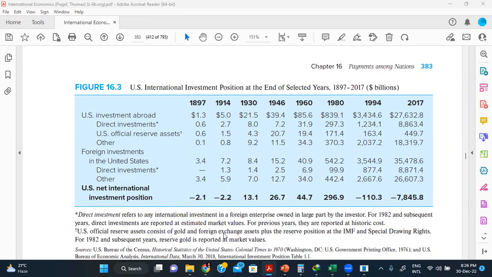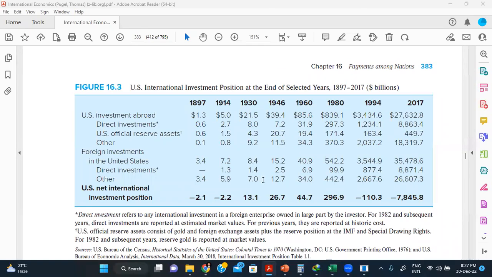Can anyone confirm? Okay, you confirmed that it started in 1914. Yes, exactly, I got confused.